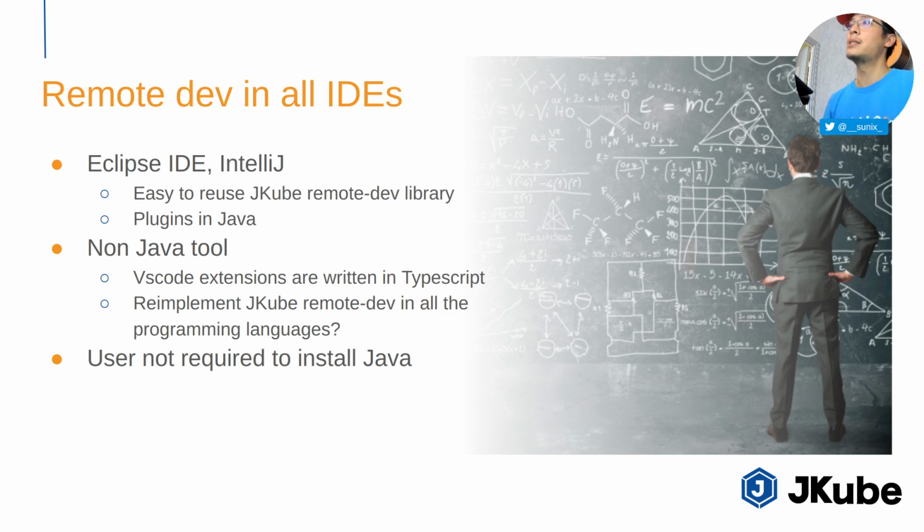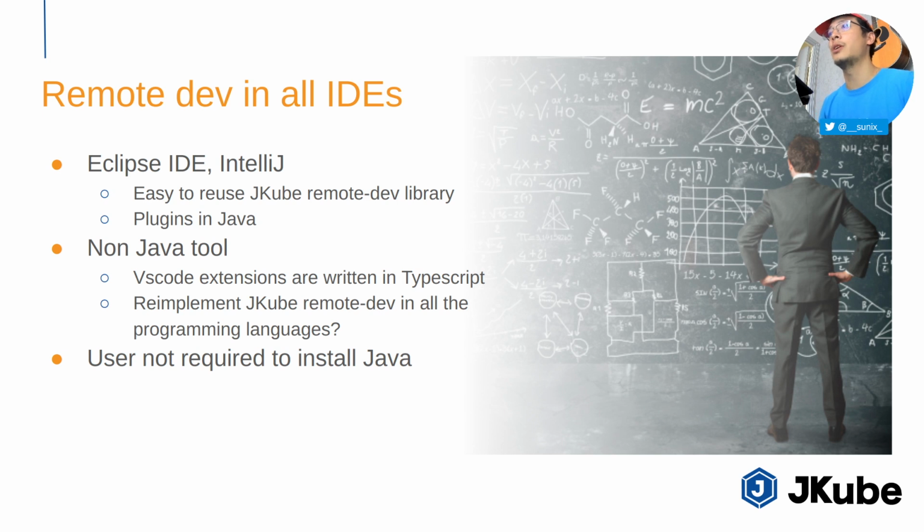For Java-based IDEs like Eclipse or IntelliJ, where the extensions are written in Java, it should be very easy to write the remote dev plugin for these IDEs. However, many other tools may not be written in Java. For instance, VS Code extensions are written in TypeScript.